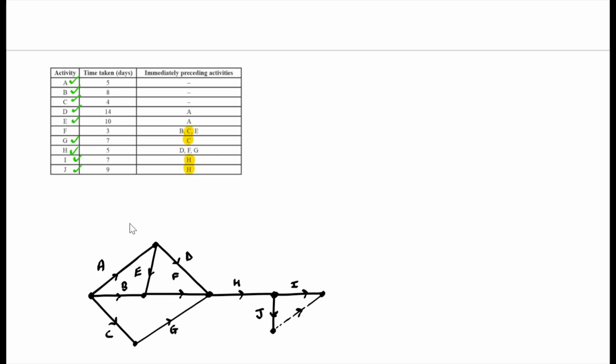And the only one we've got left is over here, F. F depends on B, C, and E. And for the exact same reason, we have a dummy over here between C and F. F requires C to be completed, so we would have to have a dummy over here, because again, one of the rules is that we can have at most only one activity between two events.